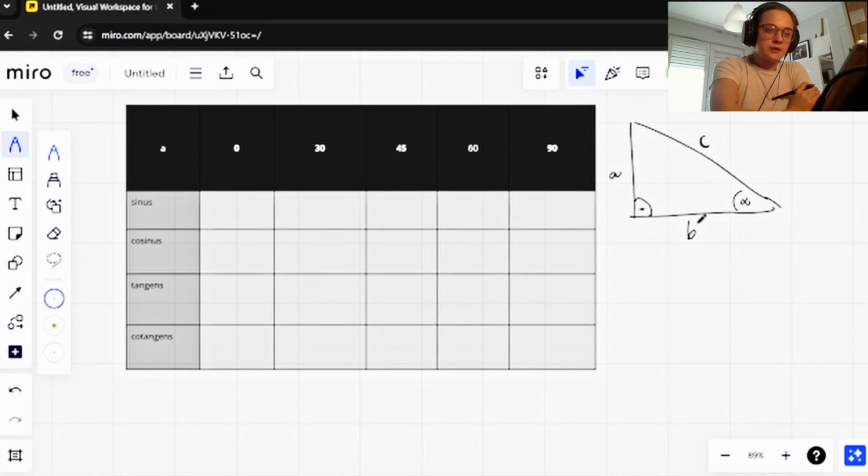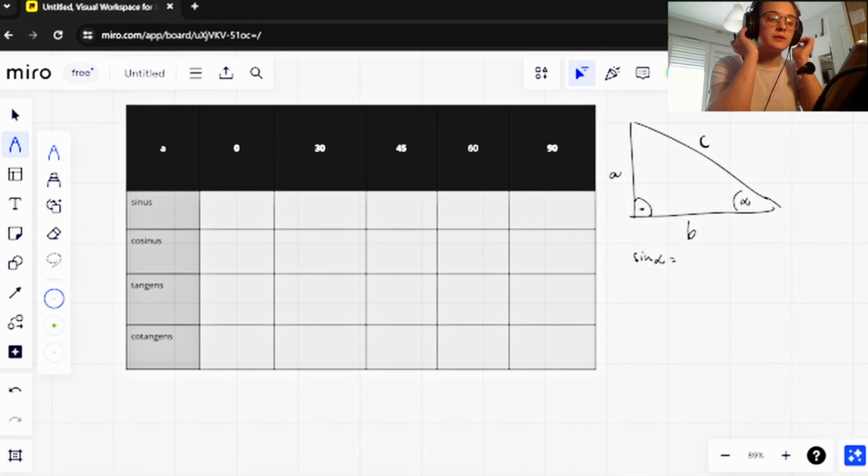All the functions are just proportions, ratios, so we are dividing the sides by each other. The base is always sinus. It's the first one we are taught, the first in every table.